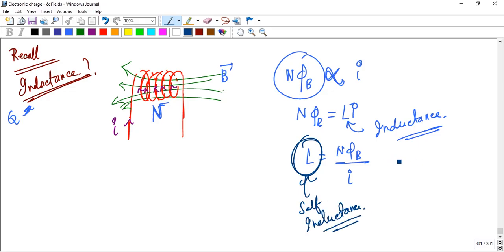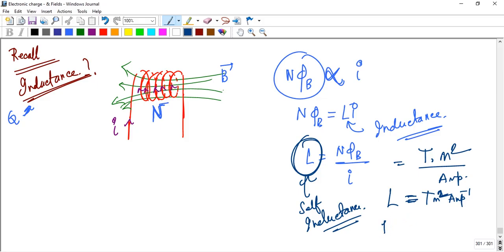The phi B is B dot A, so the unit is Tesla times area, meter square, divided by ampere, and the number of turns has no unit. So Tesla meter square per ampere is the unit of self inductance, or inductance, and another name is Henry.